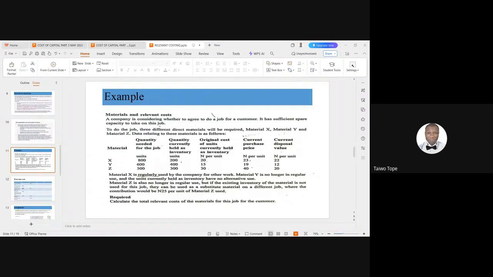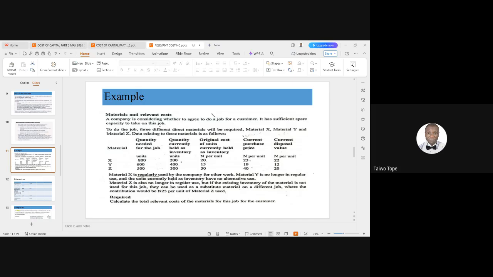Material Y. Let's see this story. Material Y is no longer in regular use. The units currently held as inventory have no alternative use.